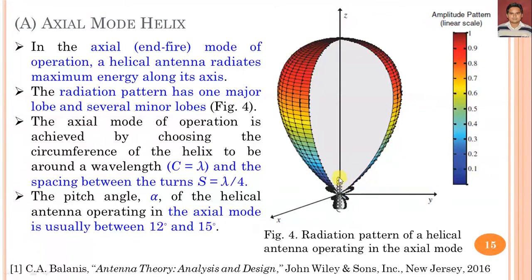The axial mode of operation is achieved by choosing the circumference of the helix around C equal to lambda, where lambda is the operating wavelength.